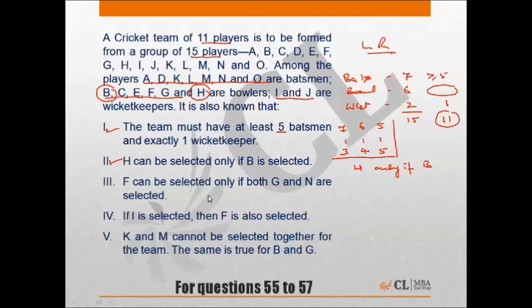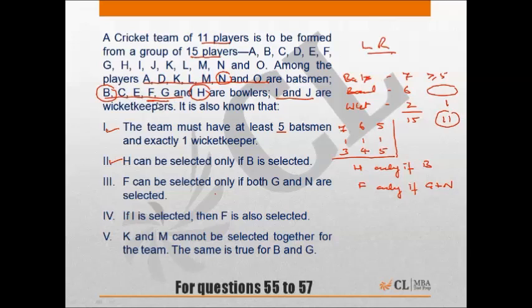Next, statement 3. F can be selected only if G and N are selected. F only if G plus N. F is a bowler, G is a bowler and N is a batsman. So I can also say F and G will have to be together in this particular case.